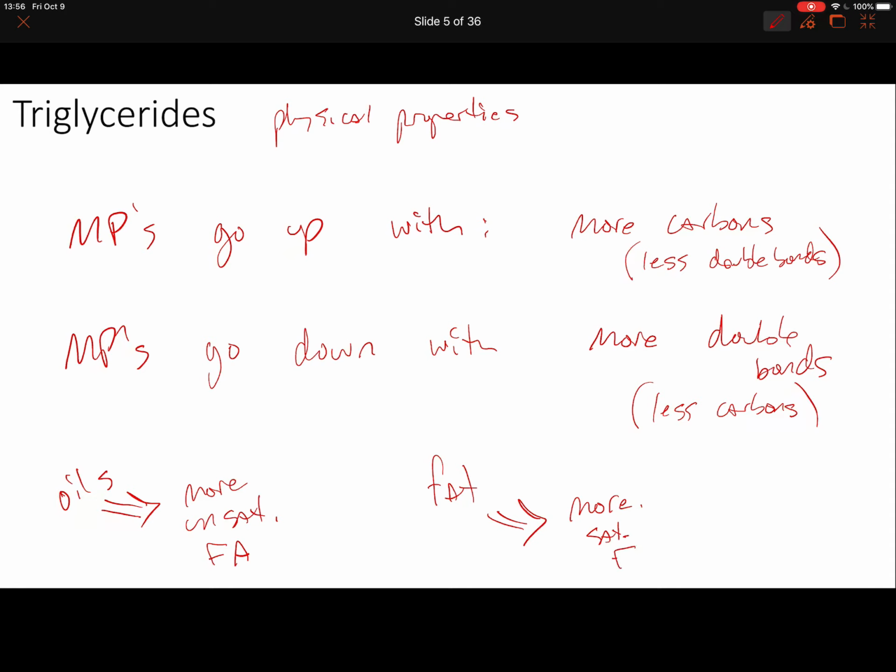So again, if they have double bonds, they kink, and that lets them not pack together as well. And so this lowers the melting point and makes them liquid at room temperature in a lot of cases, and so we call those oils.